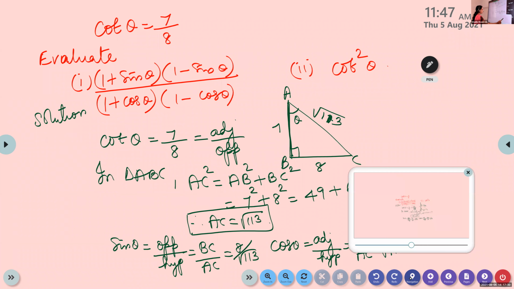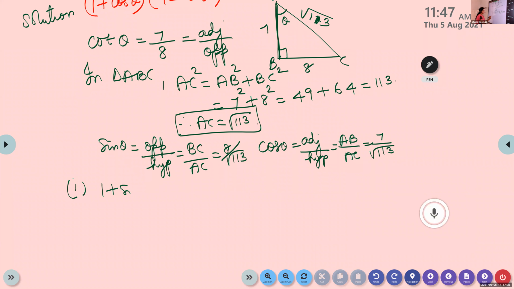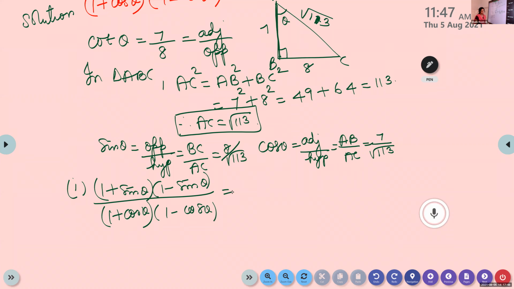Now let us evaluate the first part. We have to find 1 plus sine theta into 1 minus sine theta by 1 plus cos theta into 1 minus cos theta. Which identity can you use here?